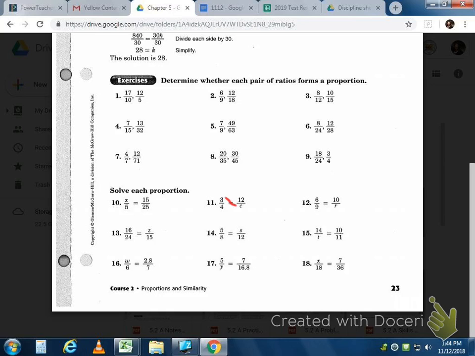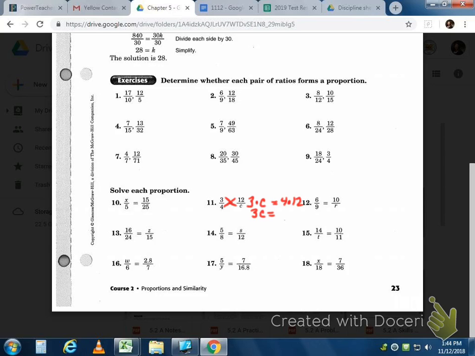So I would do cross, cross, and I would write down 3 times C equals 4 times 12. Now what's 3 times C? C. Kind of a trick question. 3C. 3C.